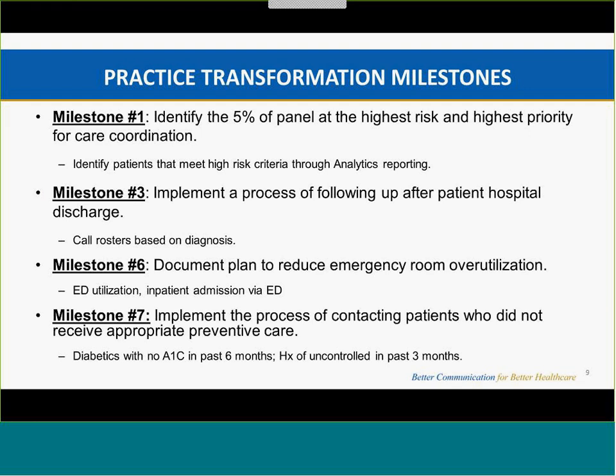With that being said, milestone number 1: identify the 5% of panel at the highest risk and highest priority for care coordination. With that, I will tell you our analytics platform can be utilized in a few different ways. Just to give you a very high level, we can do queries and run reports for you based on what you're wanting to look at. We can provide you the raw data so that you're able to run your own analytics if you happen to have an analytics tool in your practice.